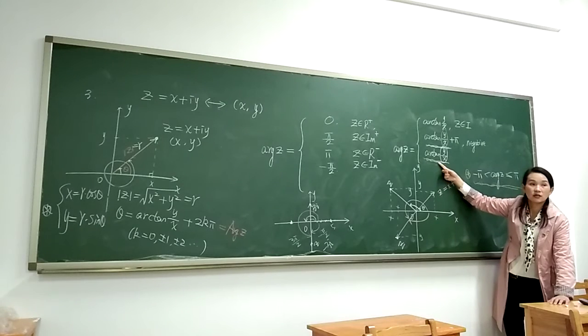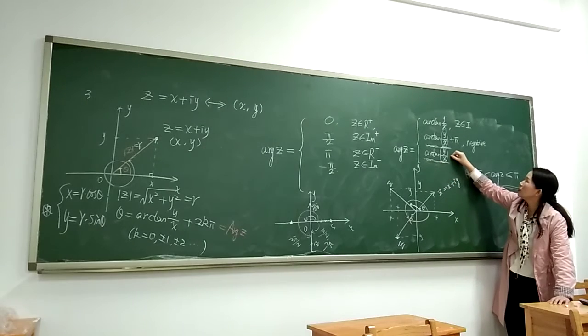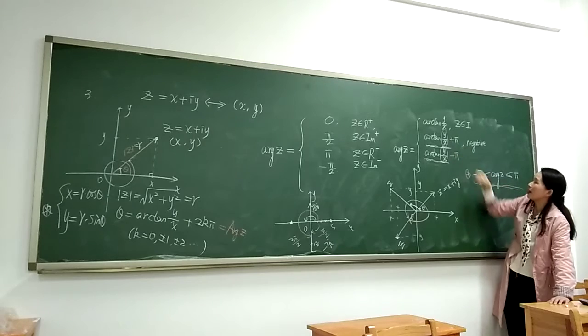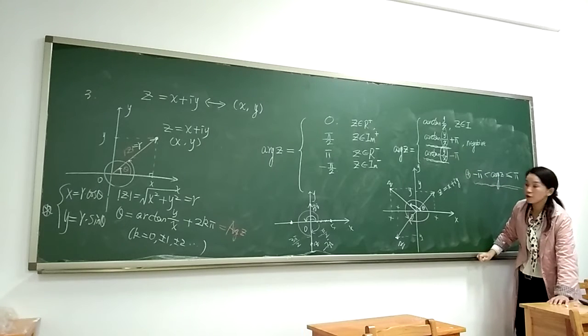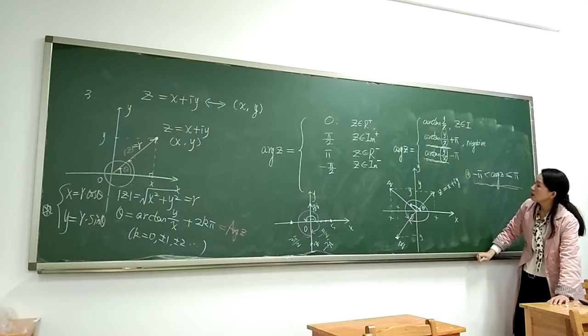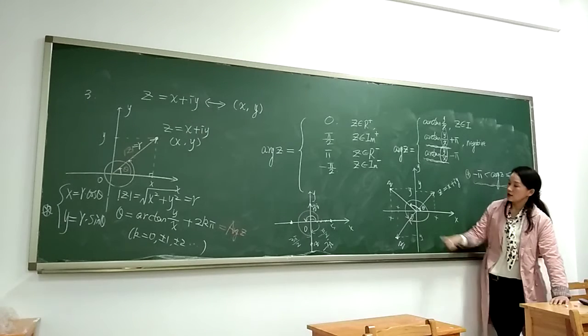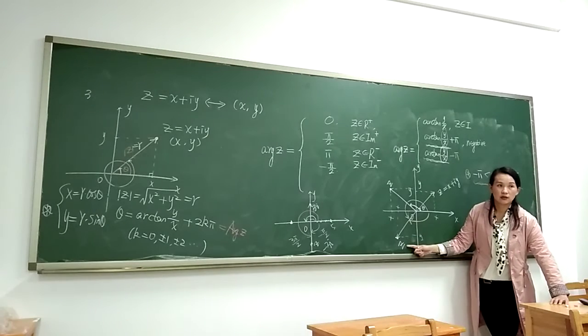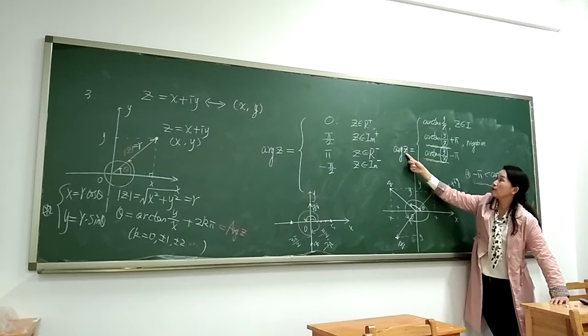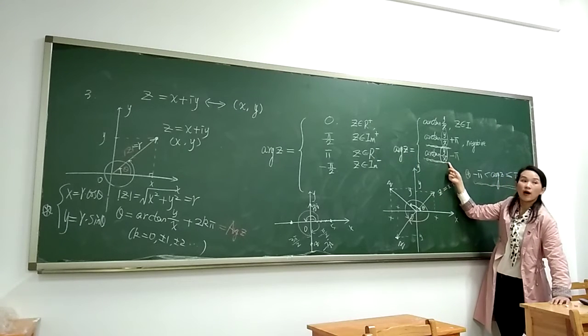But this is positive, so you need minus pi. If you minus pi, it's negative. Understand it? So if they belong to the third quadrant, the principal argument of z is this one.